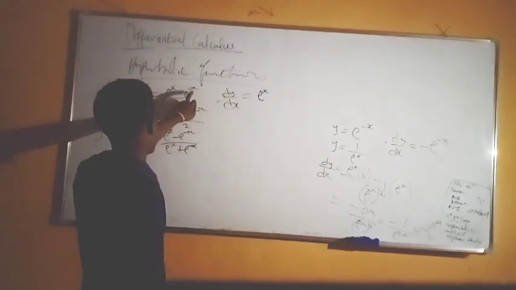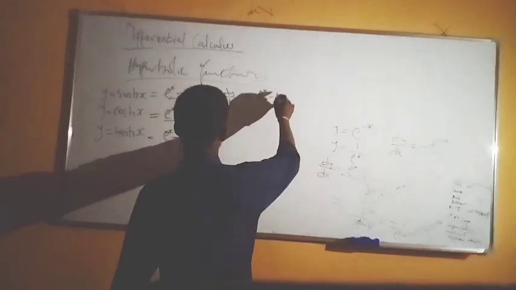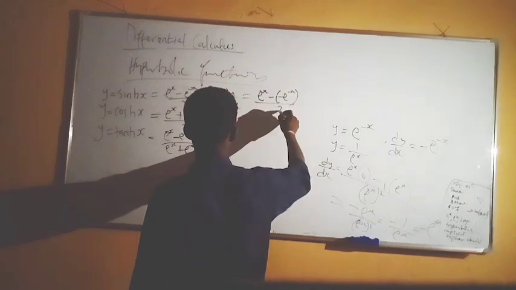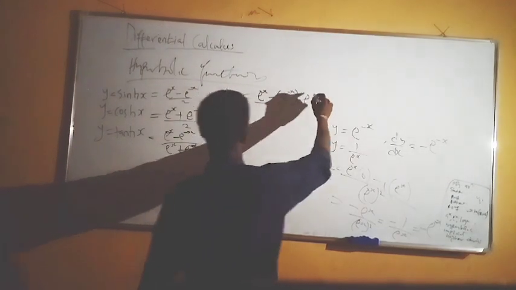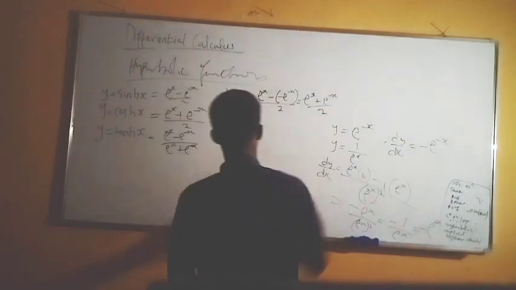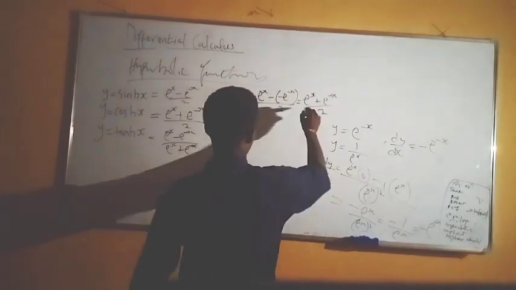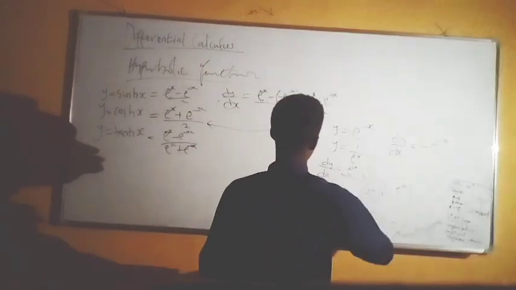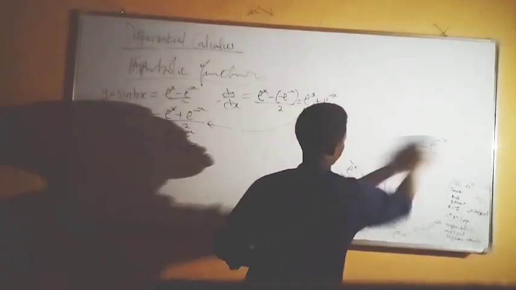So we can put that here. Differentiating this, it will be minus minus e raised to minus x over 2, which gives us e raised to power x plus e raised to power minus x over 2. Of course, if you look at this, it is the same as cosh x. So that tells us one thing.